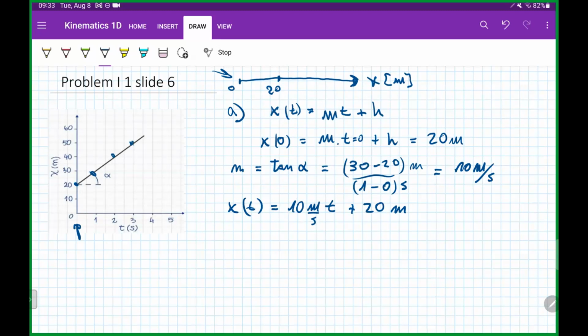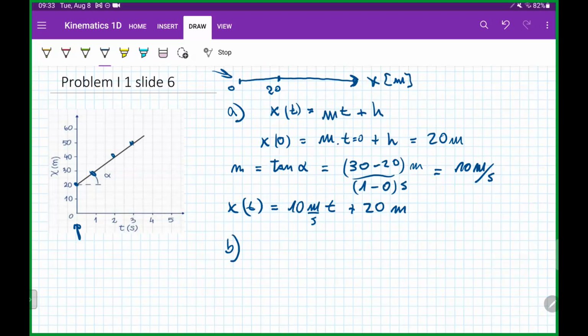Okay, so far we haven't said anything about velocity or anything, but we will get to that. So what's the direction? Which is the direction that the particle is moving? That's the second question. From what we can see here, the particle is going from 20 to whatever position after that.